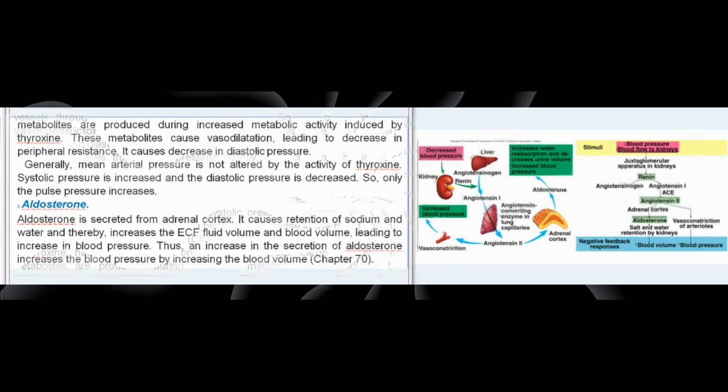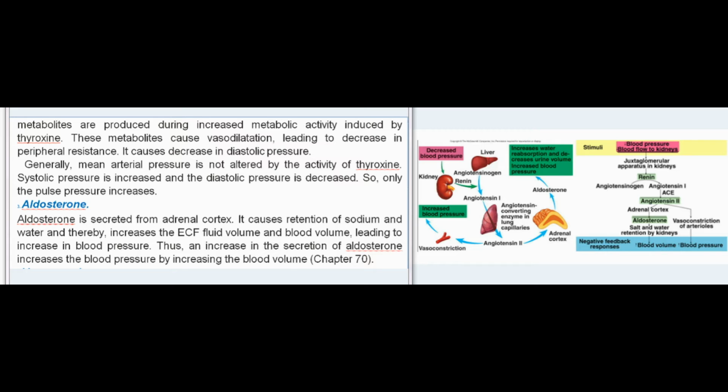Large quantities of metabolites are produced during increased metabolic activity induced by thyroxine. These metabolites cause vasodilatation, leading to decrease in peripheral resistance. It causes decrease in diastolic pressure. Generally, mean arterial pressure is not altered by the activity of thyroxine. Systolic pressure is increased and the diastolic pressure is decreased. So, only the pulse pressure increases.